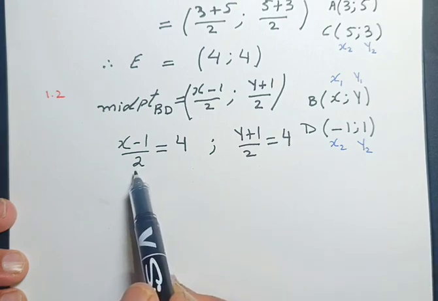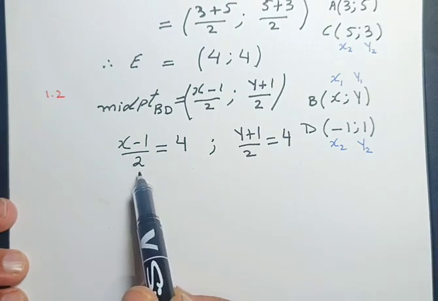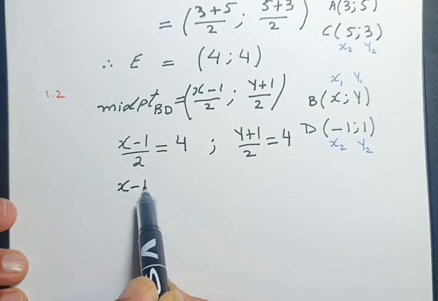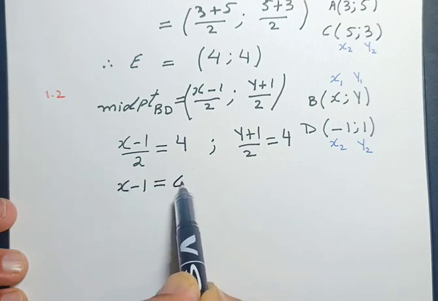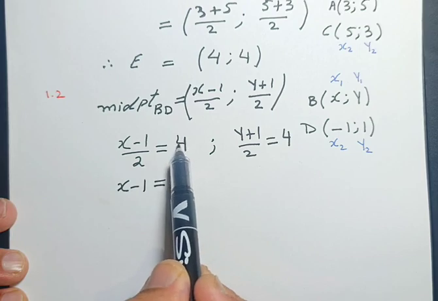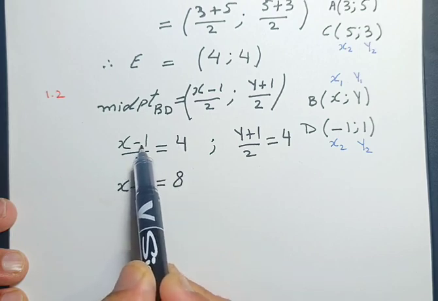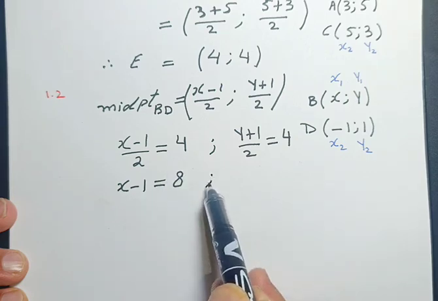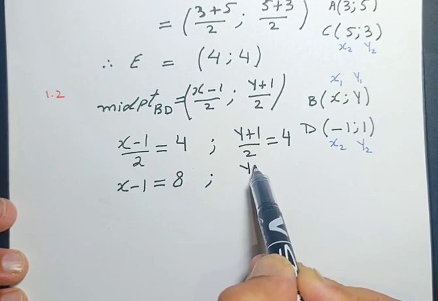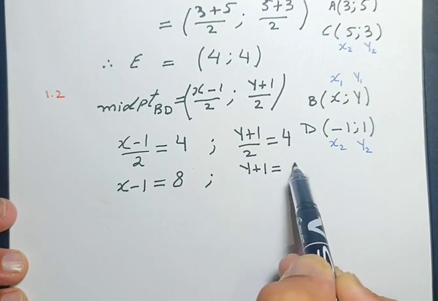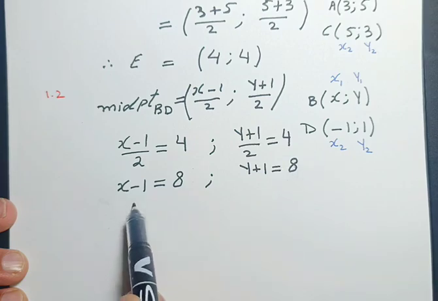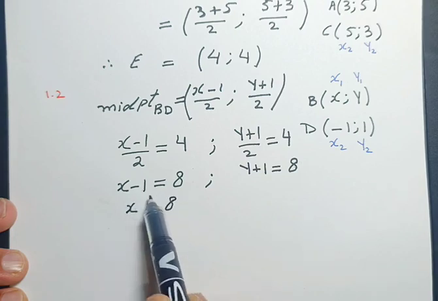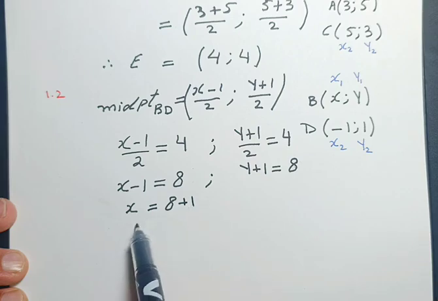The LCD is 2. Multiply both sides by 2, and the 2s cancel. 2 times 4 is 8, or you can cross multiply: 4 times 2 is 8. So x minus 1 equals 8, and y plus 1 equals 8.